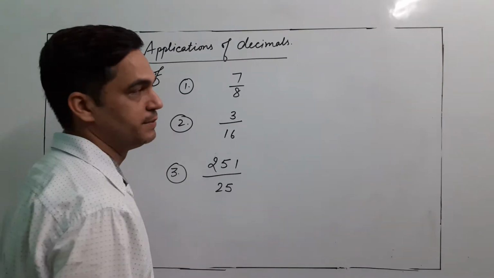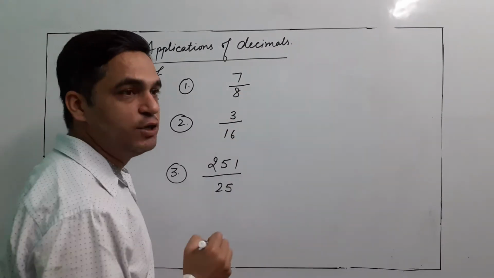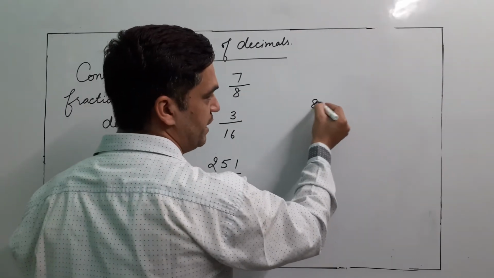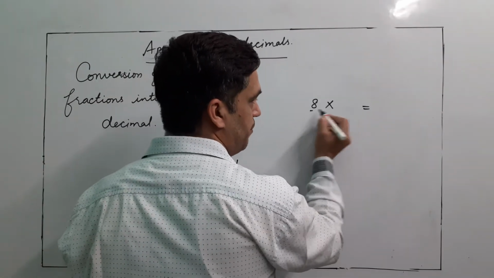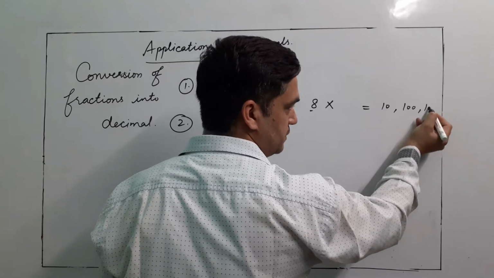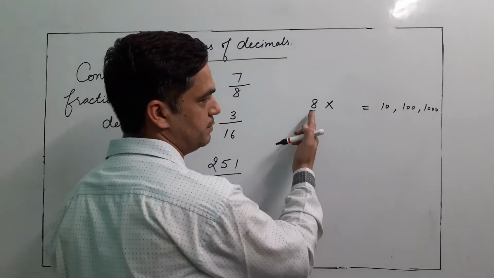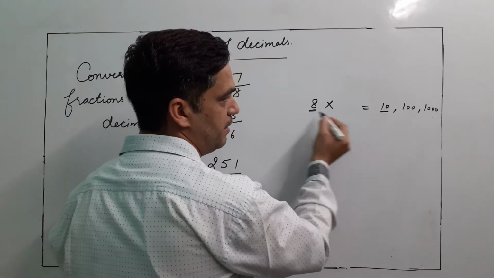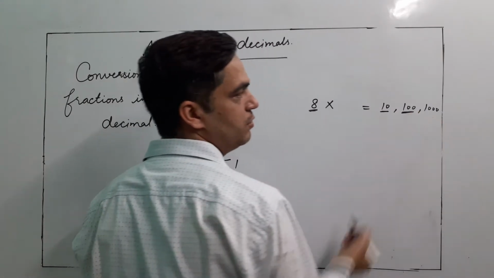What is the way? There are 2 ways. One, you should convert this denominator as 10 or 100 or 1000. If you count the multiples of 8, you cannot find 10. If you count the multiples of 8, you cannot find 100 also.